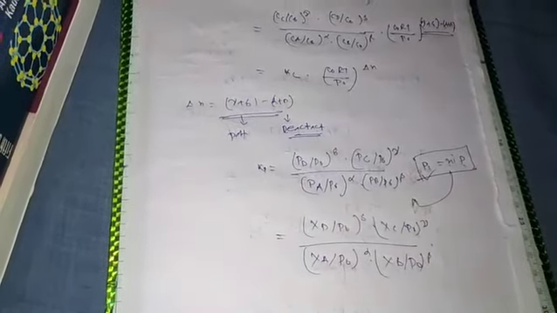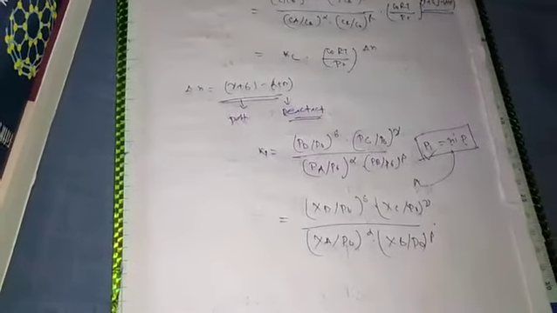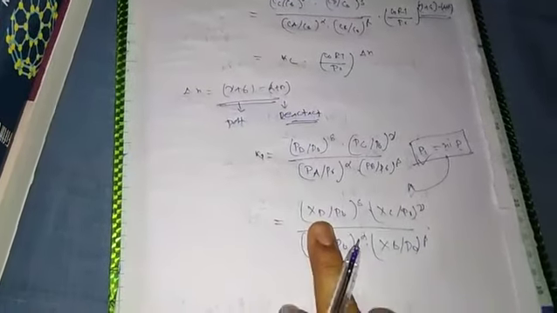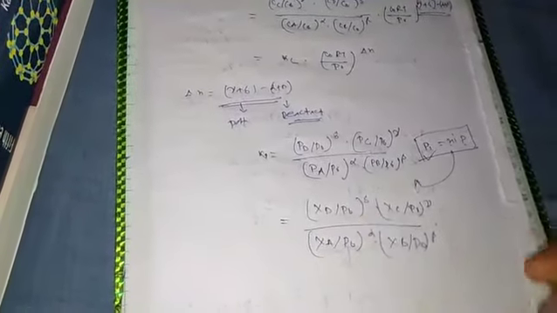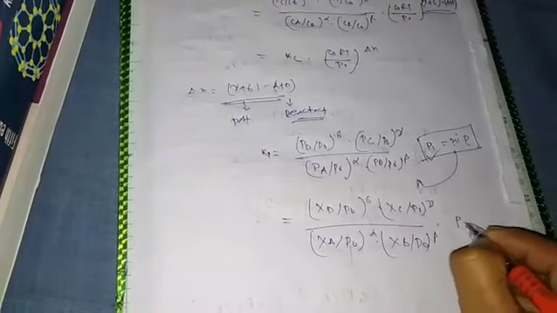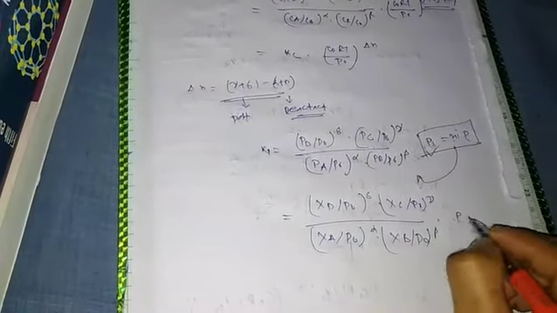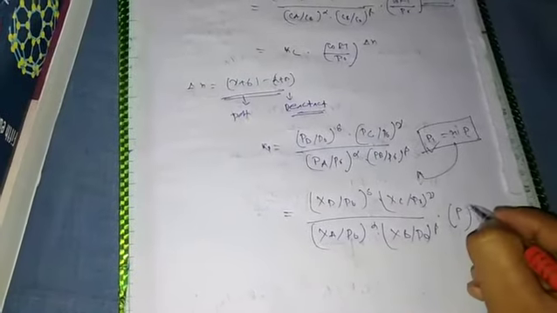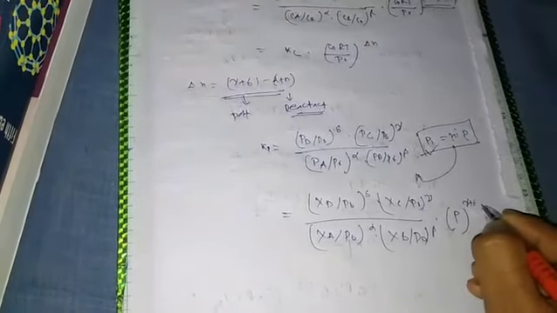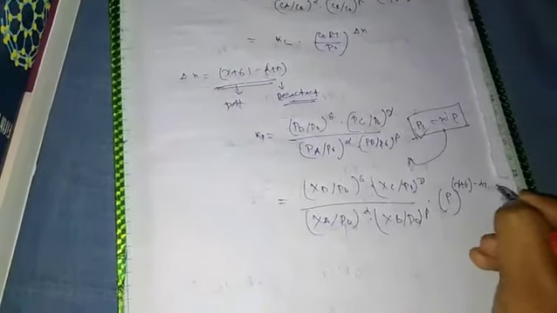See, we replaced this term with Xd into P. So the P term is here, and the exponent will be gamma plus delta minus alpha plus beta.